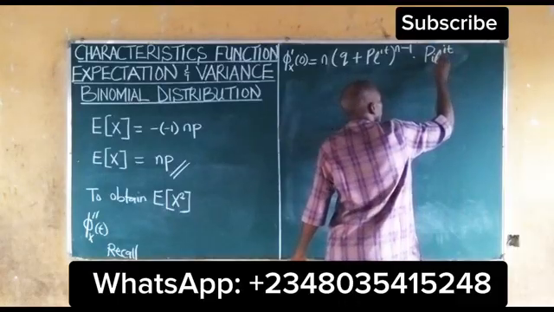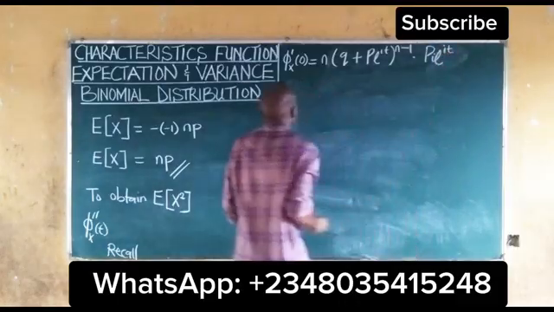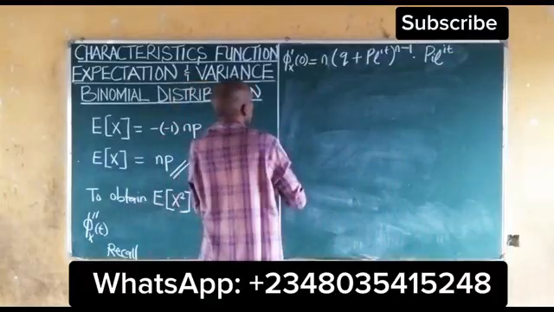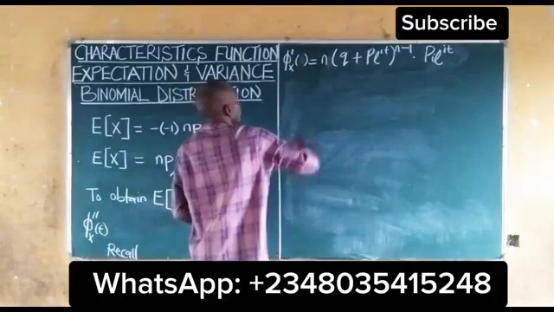That means i multiplied by exponential it. So this is what we got when we had our first derivative.